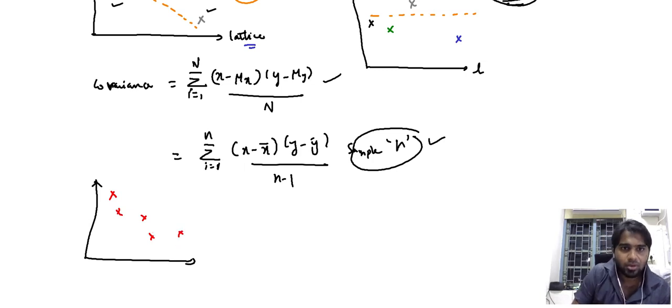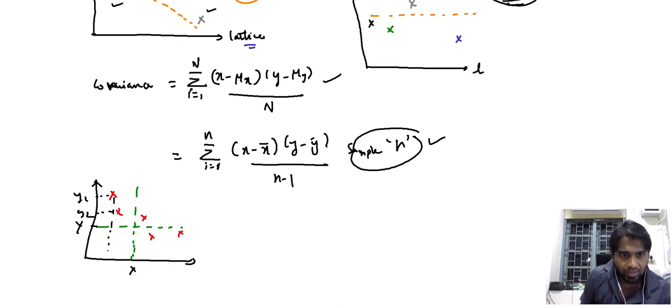And now it is possible for us to consider the mean of the x-axis and the mean of the y-axis. So now when we consider this particular trend here, this is the mean of the y-axis and this is the mean of the x-axis, and this is y1 and this is y2, and similarly we will have x1 and x2.